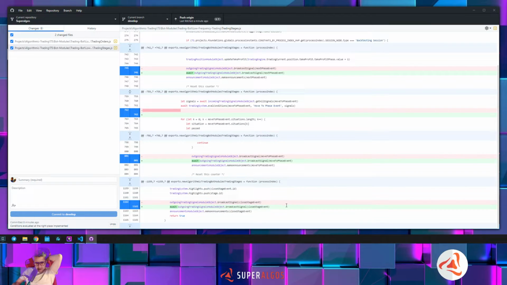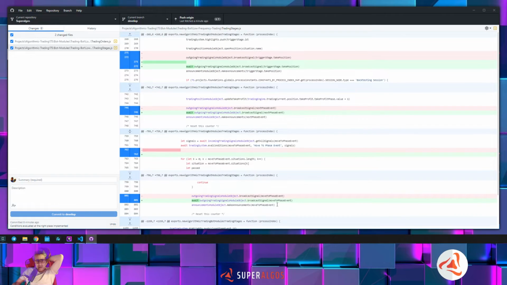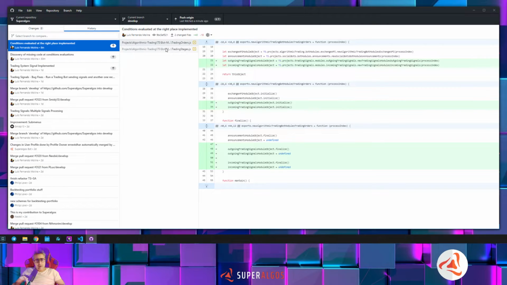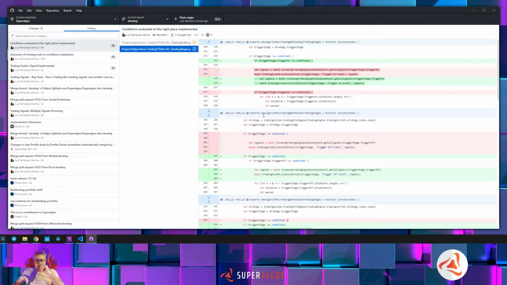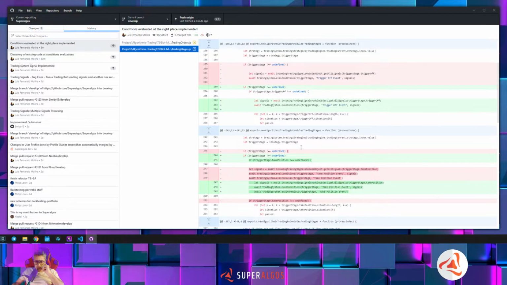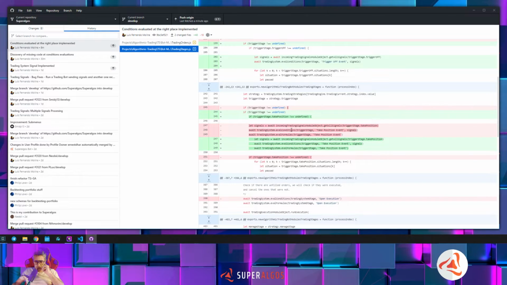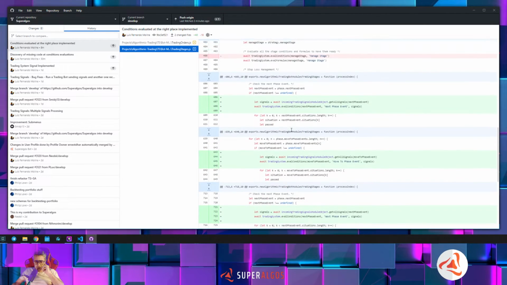We didn't add or delete any brackets in here. Maybe my latest commit, trading stages. Here there is one bracket less. Could be that one.